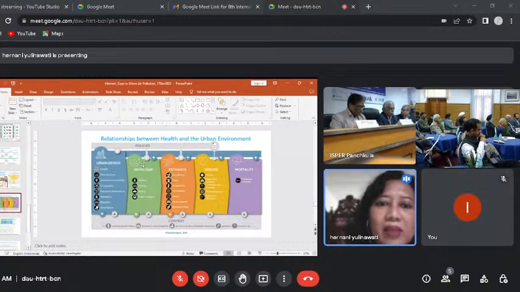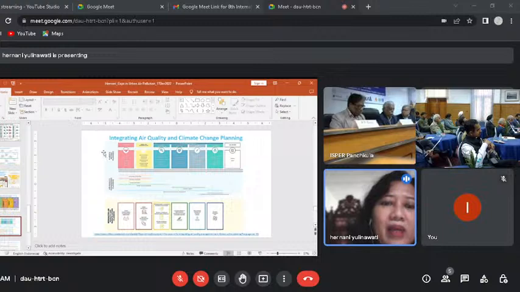This is in general, but we see the urban design will influence the behavior, and how the air pollution pathways, and also the disease and the mortality because of disease related to the air pollution.